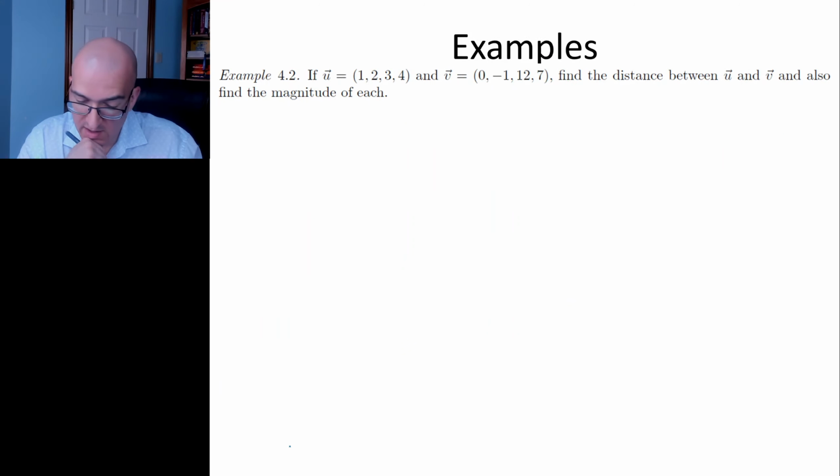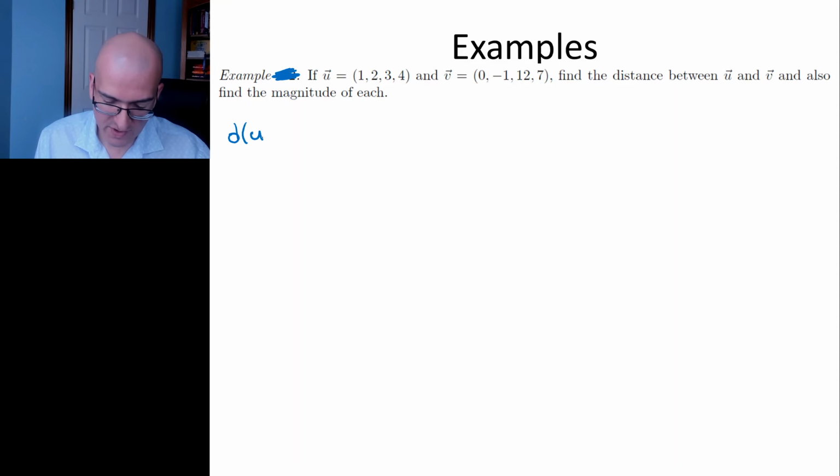Okay, we're given a vector u and a vector v. We're asked to find the distance between them and to find the magnitude of each one. So this is a 3-part question. So let's find the distance between them.